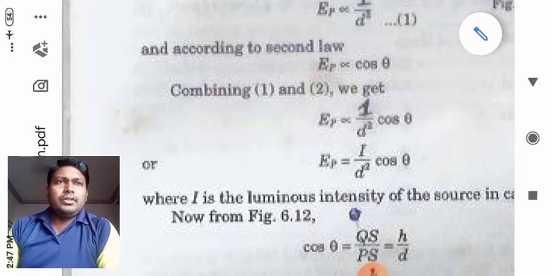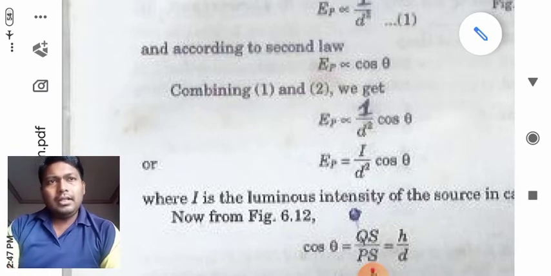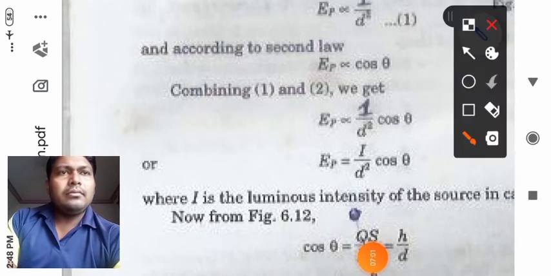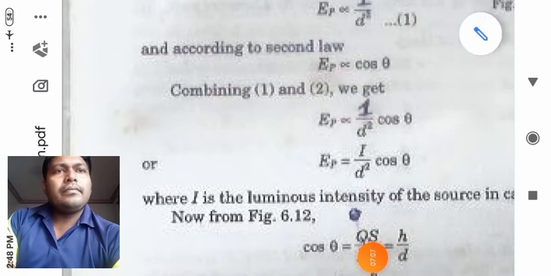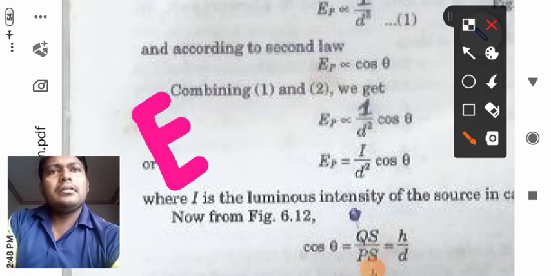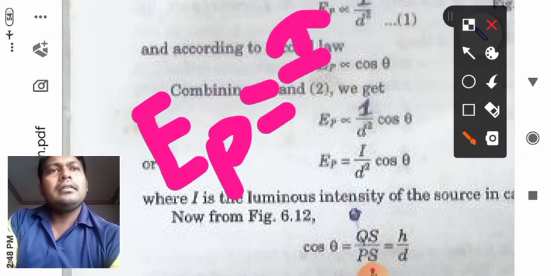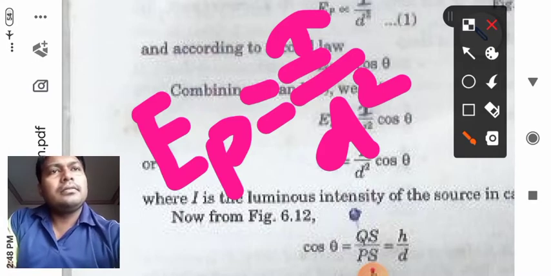So Ep is proportional to I divided by d square, and again Ep is proportional to cos theta. Combining both equations, Ep is proportional to I divided by d square into cos theta. Again here it has been mistakenly written 1, but it is I. Let me write it again: Ep is equal to I divided by d square cos theta.